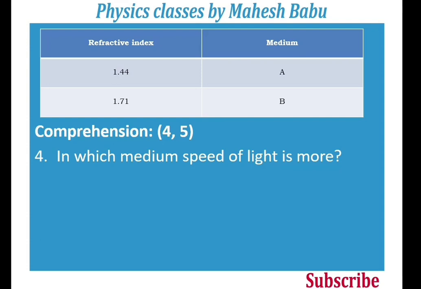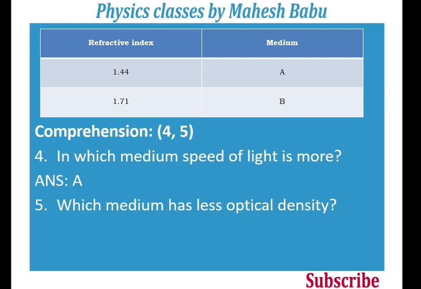Here speed of light is more for the medium which has less refractive index, that is 1.44 for A. For A, refractive index is less, so it has more speed of light. Remember, the medium which has less refractive index will have more speed of light.